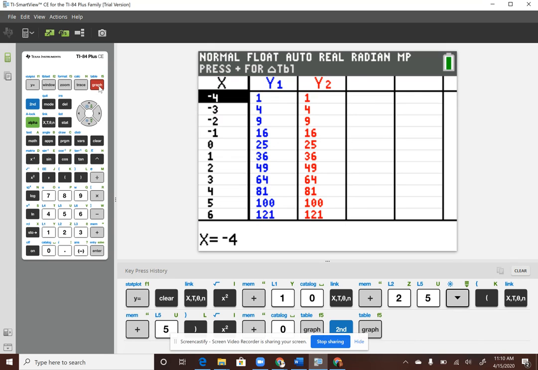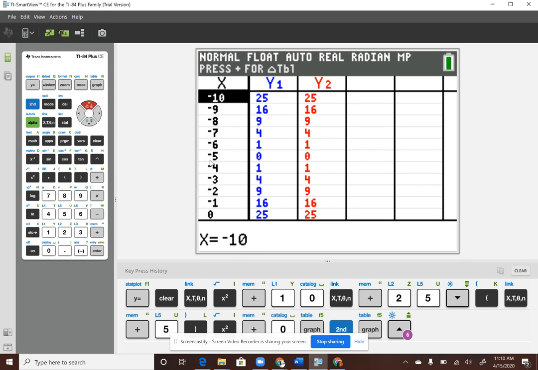Another way you can check that out is if you look at the table. These tables are equal. I can also show you the vertex, and you'll see the vertex is right here, -5, 0. And it's always symmetrical about the vertex.